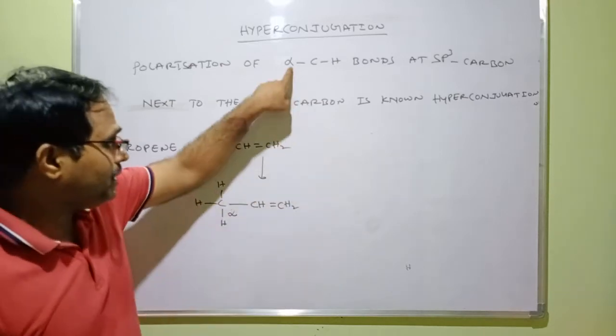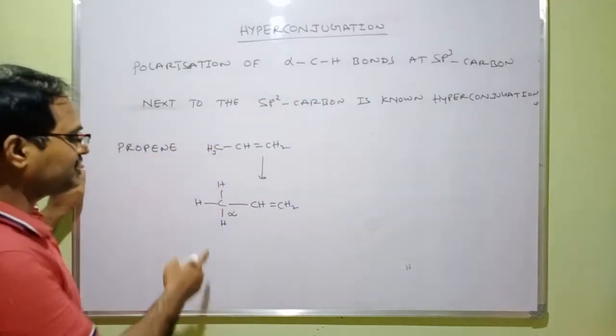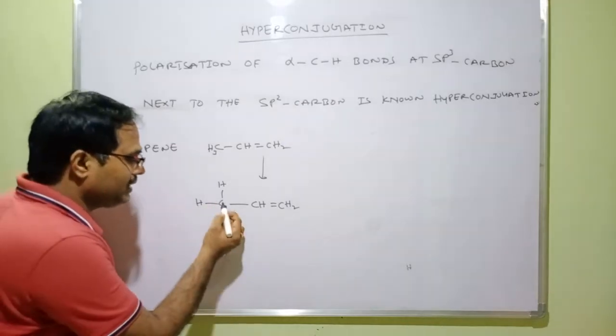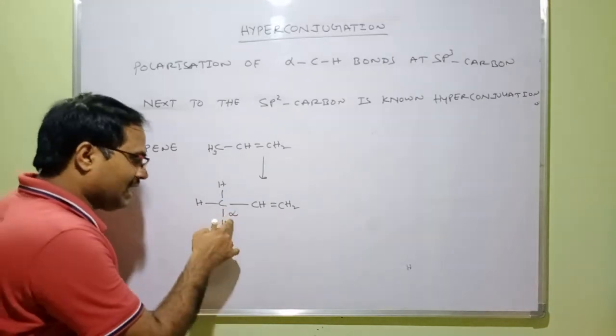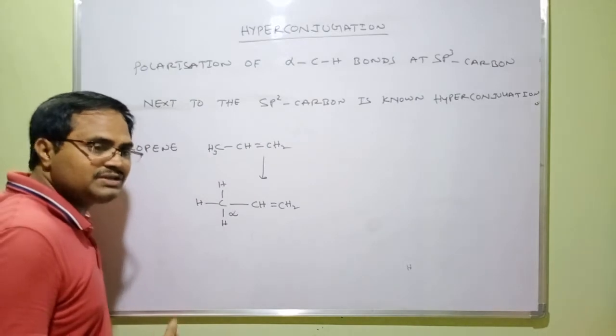Now they said alpha CH bond. The bonds present at the alpha carbon are called alpha CH bonds. See, this is the CH bond. This is the alpha carbon, and the bonds given here are called alpha CH bonds.